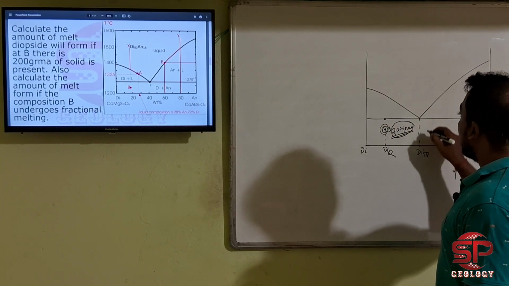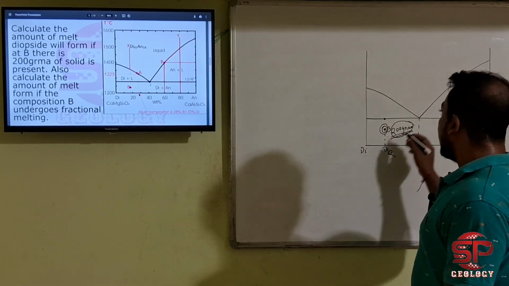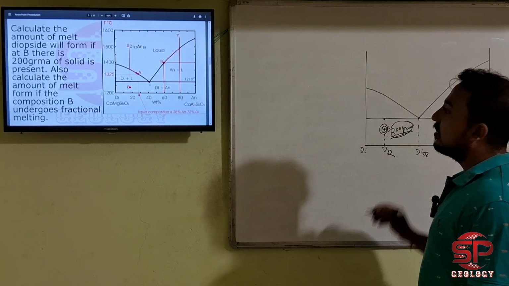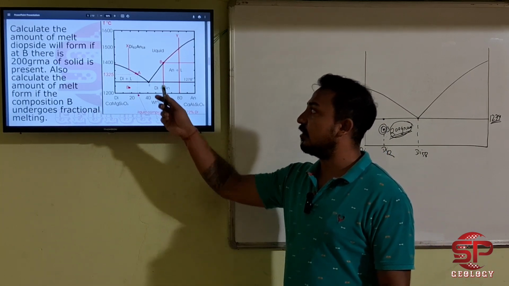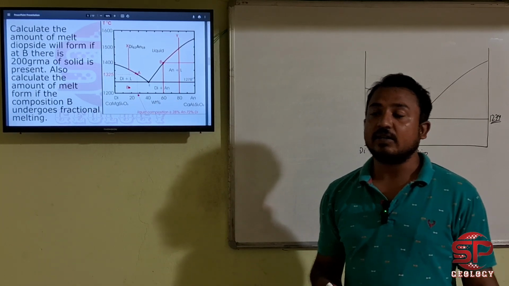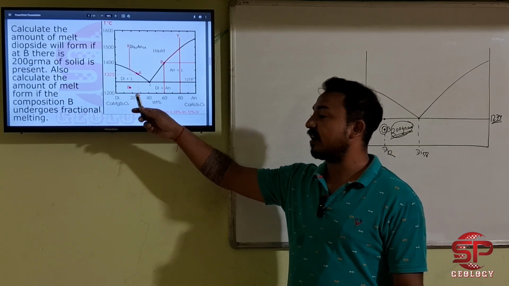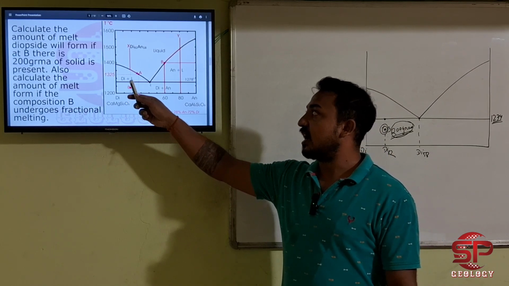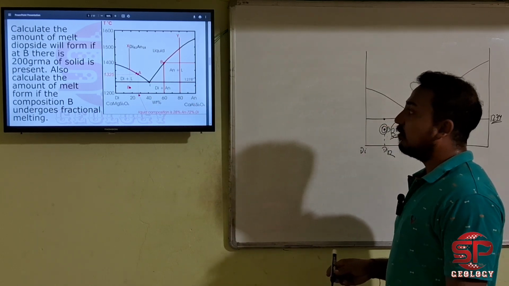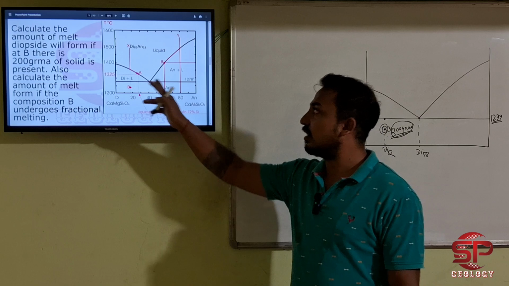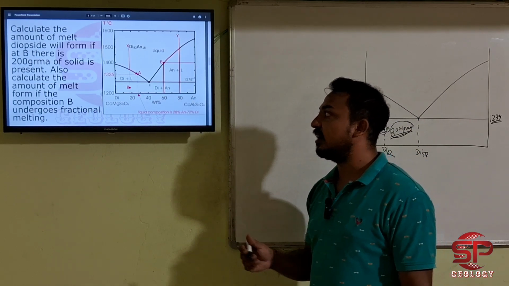At this point the melt it forms will be removed from the system, along with, you can say, anorthite. So we have to consider from the theory that the diopside and anorthite present here will start melting at eutectic temperature. The amount of melt produced at eutectic temperature will be removed from the system during fractional melting.